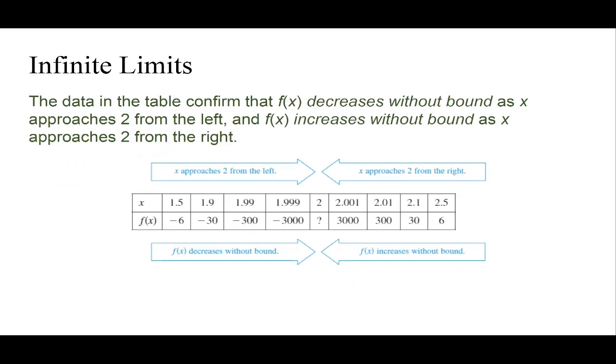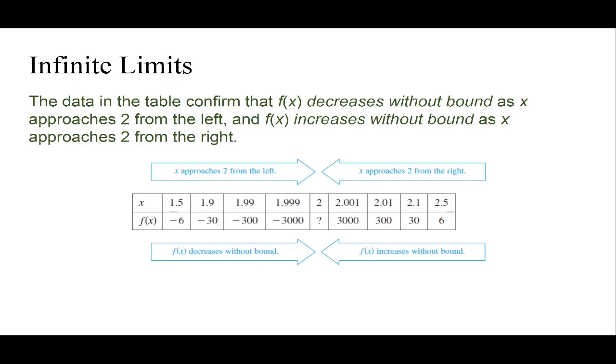We can also verify this by using a table. As you can see here in this table, if I pick values to the left of 2, as I approach 2, the value of the function keeps getting smaller and smaller, decreasing. And if I pick numbers from the right side of 2, as I approach 2, the value keeps growing and growing. There is no bound for that.